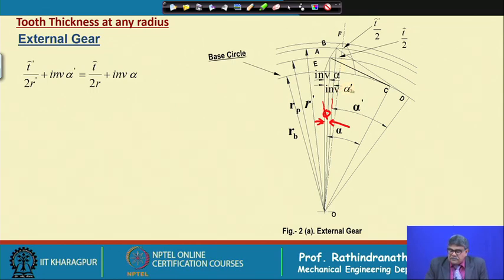That is nothing but involute alpha dash. Similarly, for standard pressure angle, this will be involute alpha.